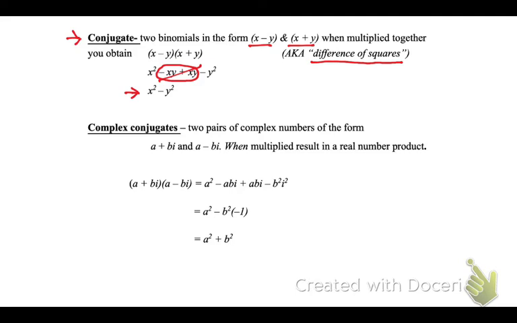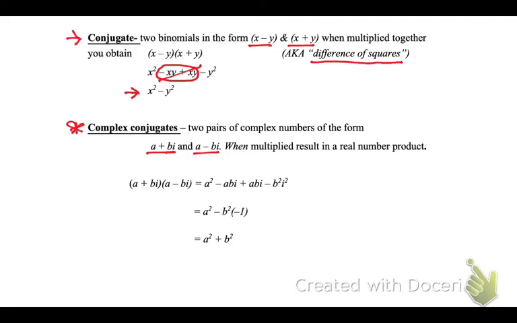So the complex conjugate, the only reason it is a complex conjugate is it involves the bi. Only reason, okay? So it's a plus bi and a minus bi. And the only reason it says complex is because it's a complex number, has the imaginary number in it.